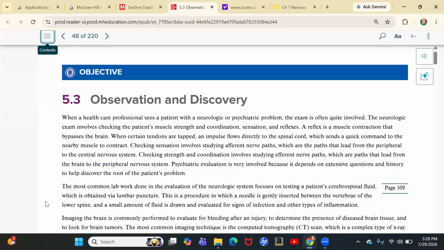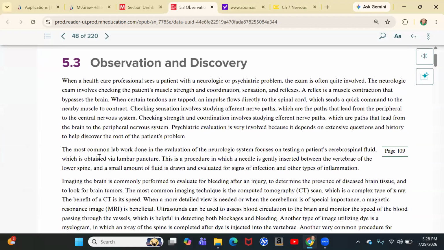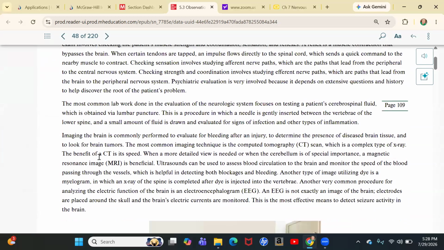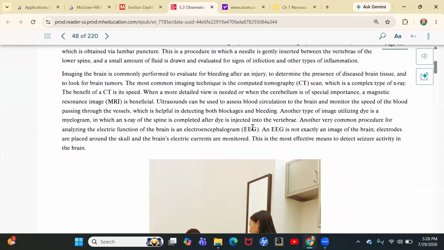Right. And then observation and discovery when it comes to the nervous system. Some of these procedures we've talked about before, as far as CAT scan and MRI images. There's a new one here known as an EEG, electroencephalogram. Okay, electro meaning electricity, encephalo meaning brain, gram meaning to record.